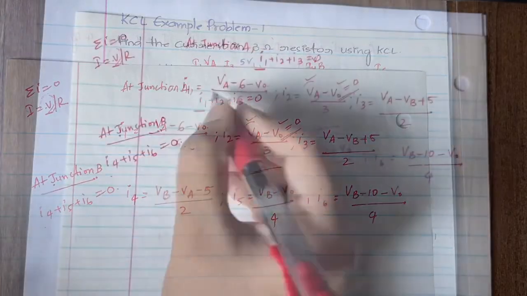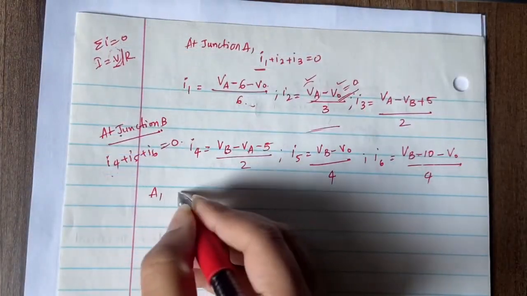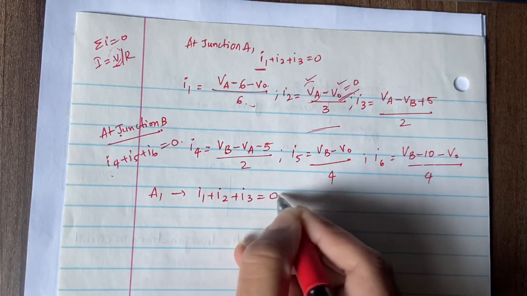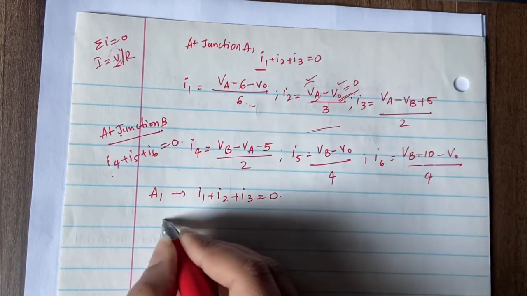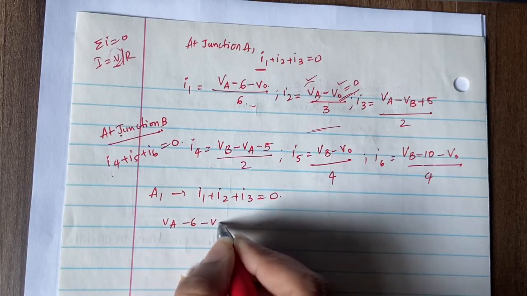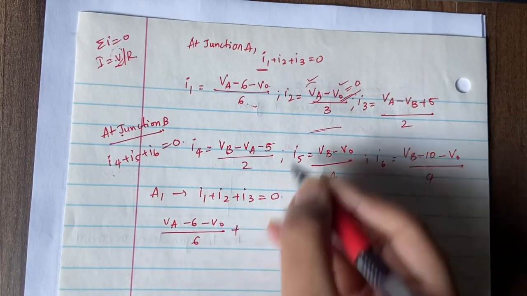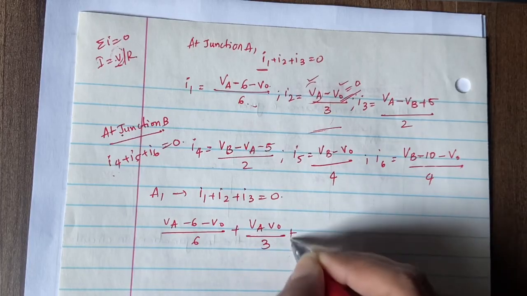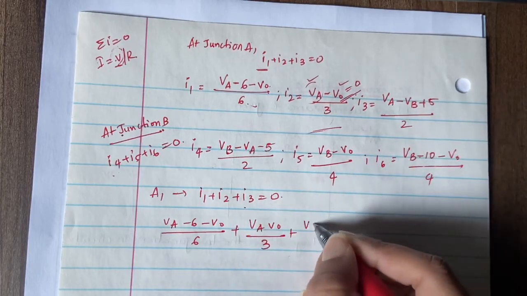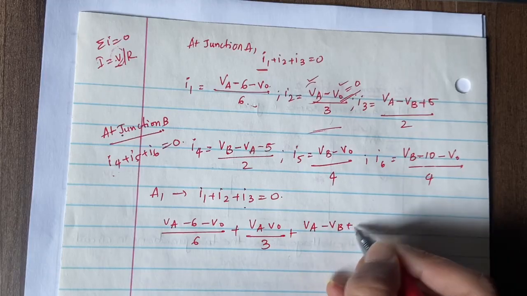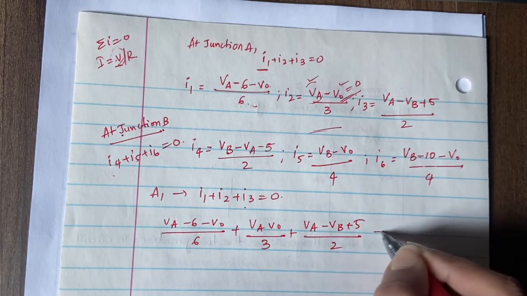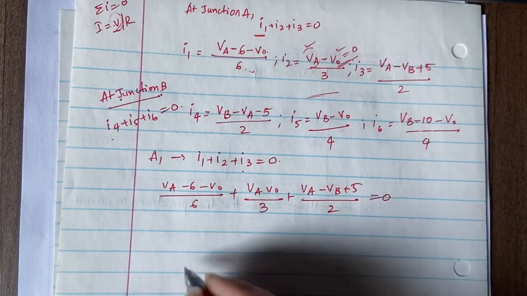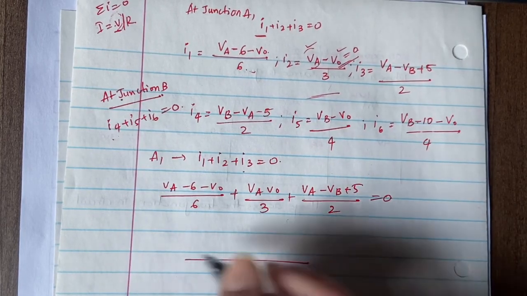Okay, so according to KCL, at junction A, I1 plus I2 plus I3 is equal to 0, right? That means (VA minus 6 minus V0) divided by 6 plus I2, which is (VA minus V0) divided by 3, plus I3, which is (VA minus VB plus 5) divided by 2, is equal to 0. When you take LCM, what do you get? You get 6 in the denominator.